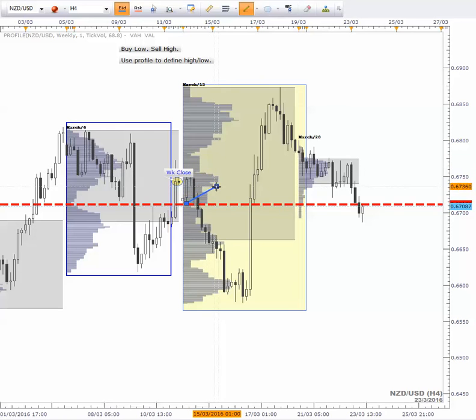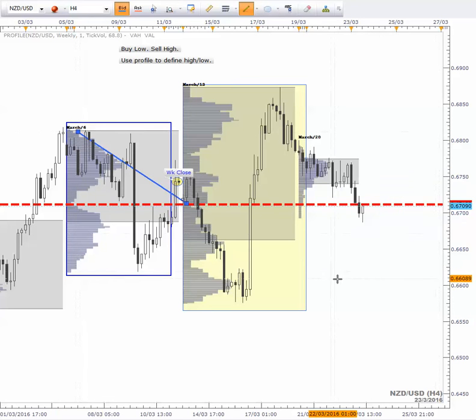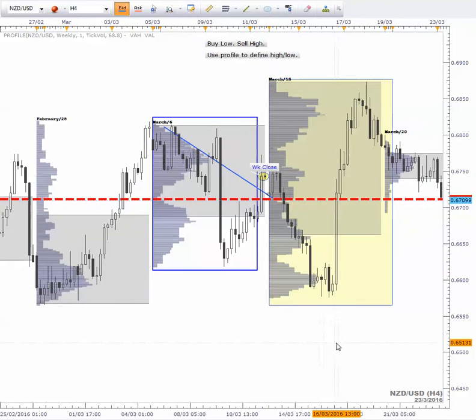And up to where? I'm looking for price to move from this low back up to the high.